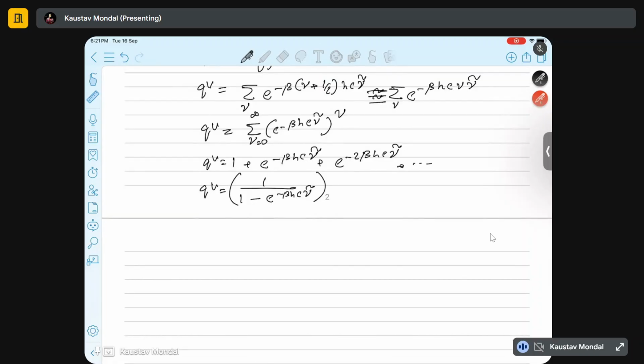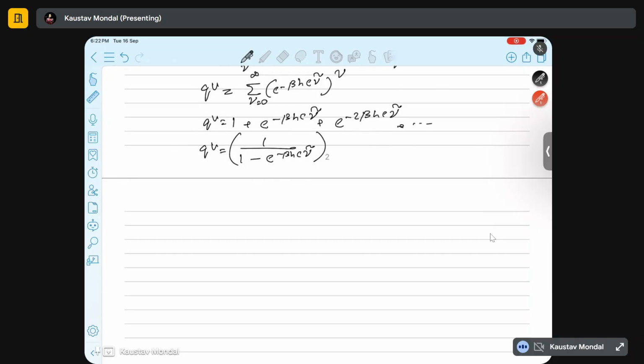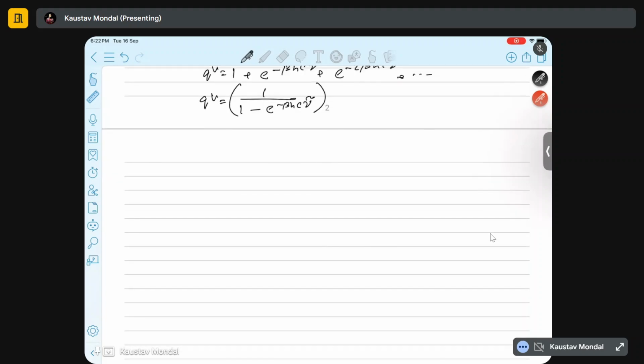Next, in a similar way as for the rotational case, here also we have considered two cases: one is the high temperature case and one is the low temperature case. Let's take the low temperature first.